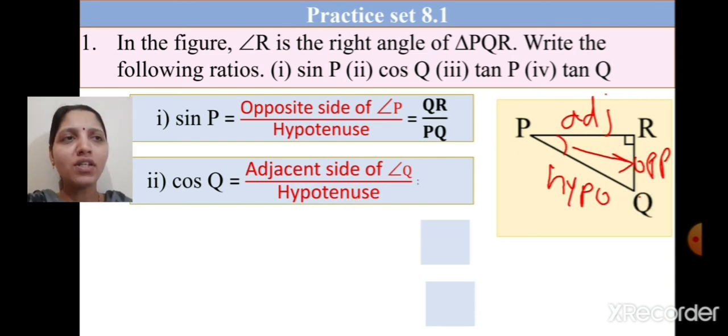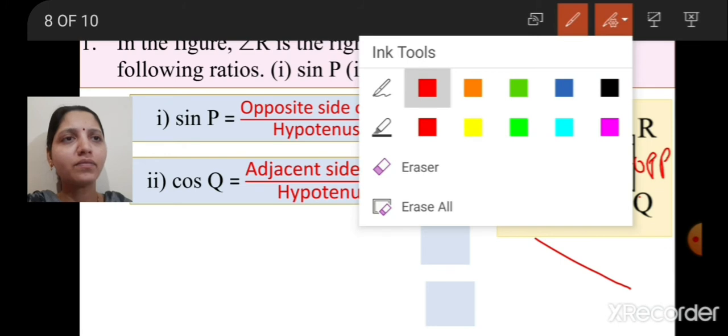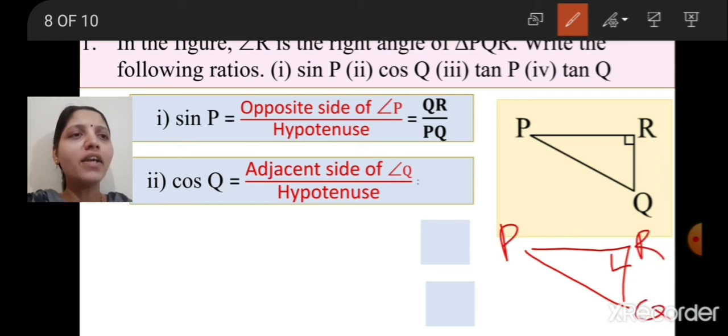Now what is the adjacent side of angle Q? So if you consider angle Q, okay, let's draw this figure again. So here is P, R and Q. Angle R is of 90 degree. So this will be your hypotenuse.